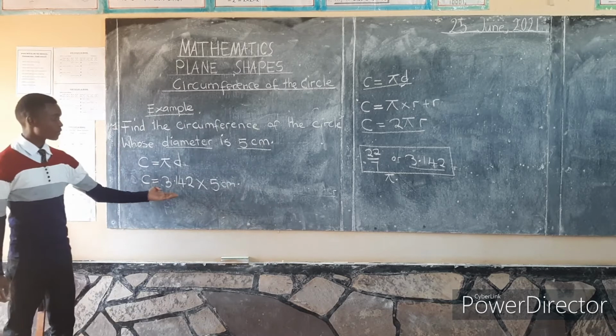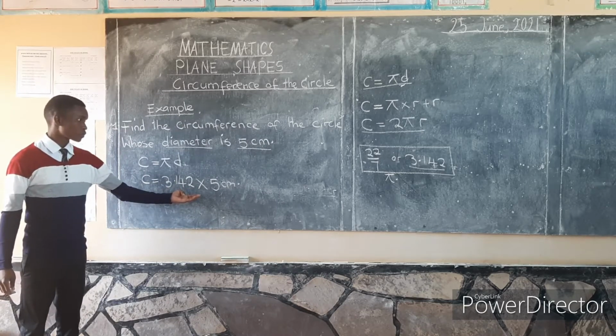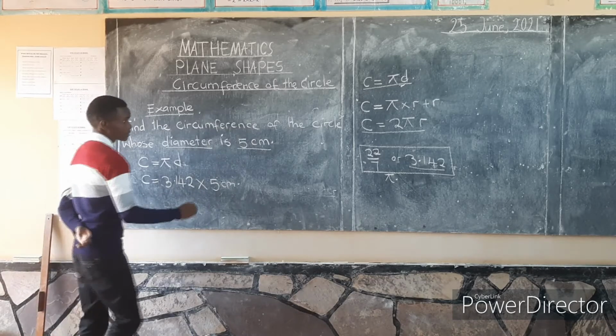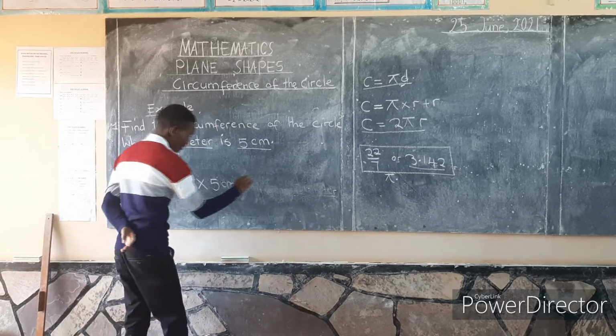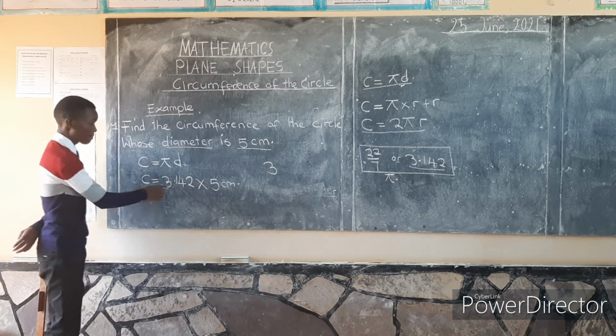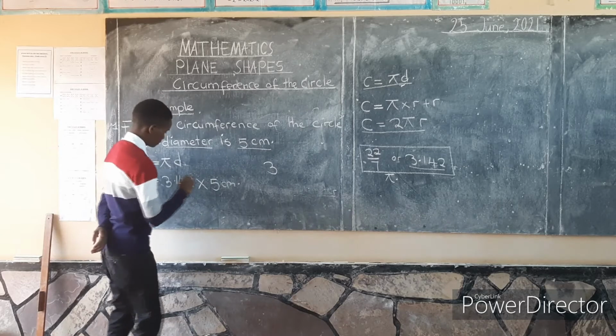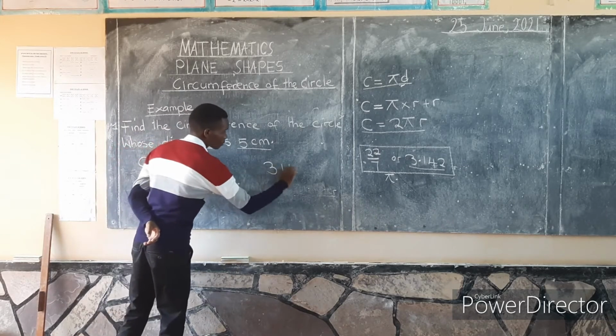Then I just have to do the multiplication. When we multiply decimal numbers, we first ignore the points. So you have 3, 1, 4, 2.